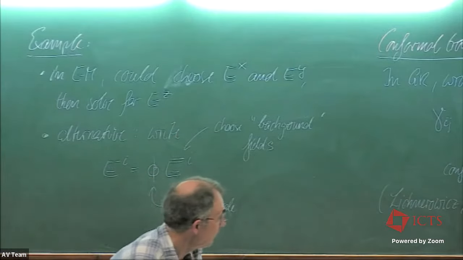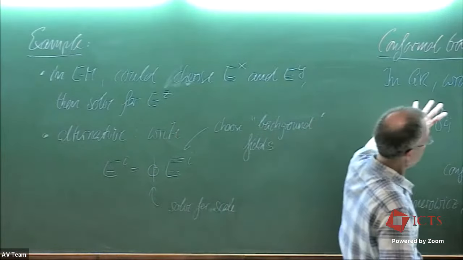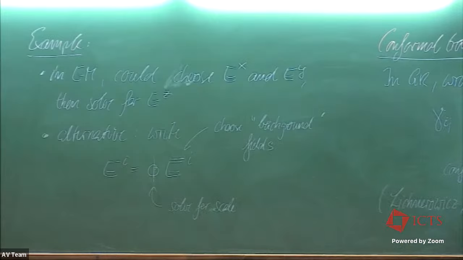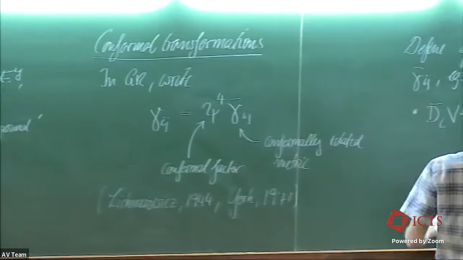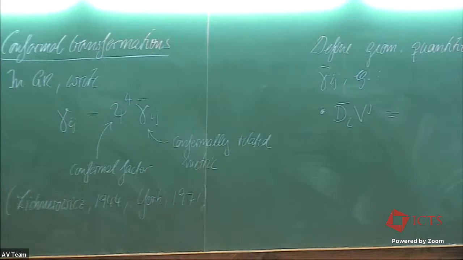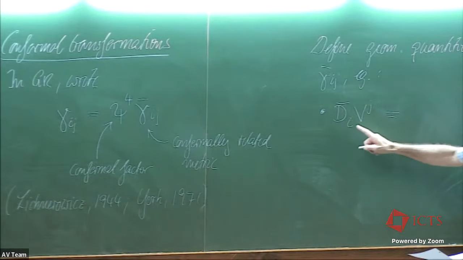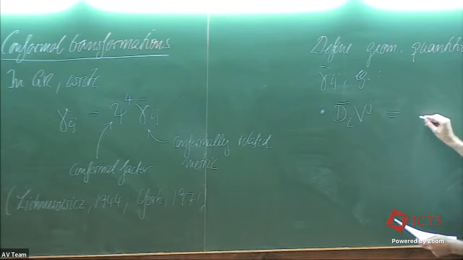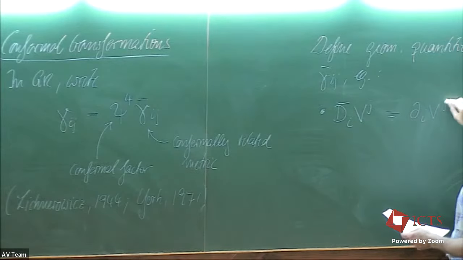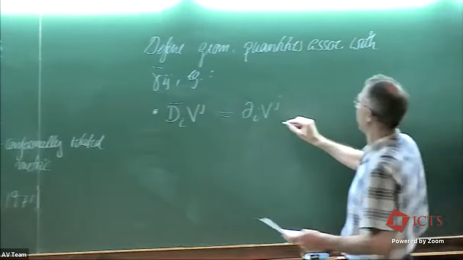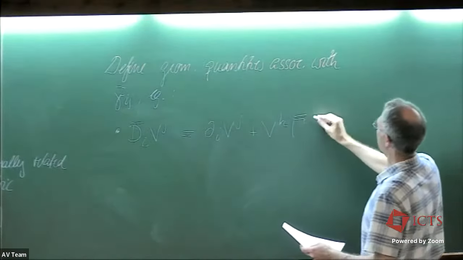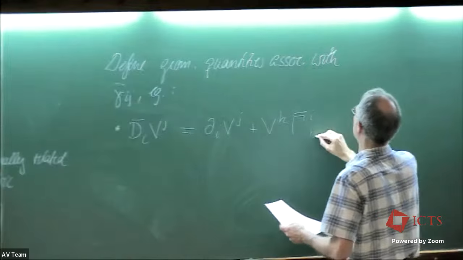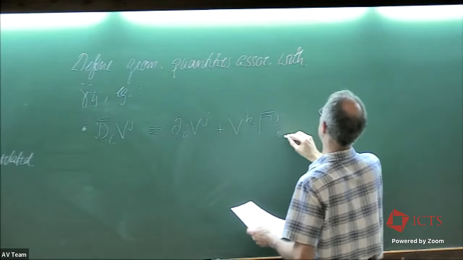So basically, if we keep with this program, we can define the covariant derivative associated with this gamma bar ij. And we would do that exactly the same way as we did it before, i.e., for the covariant derivative of a vector, we would write it as the partial derivative of the vector components plus Christoffel symbols, which I now call gamma bar jk i.